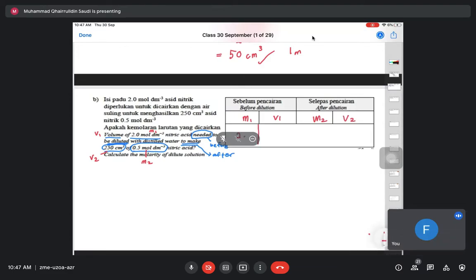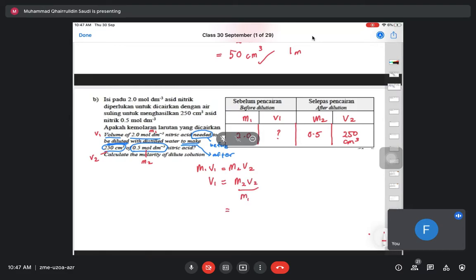M1 is 2.0, V1 we don't know, M2 is 0.5, V2 is 250 centimeter cube. M1V1 equal to M2V2. V1 is the one we want to find.